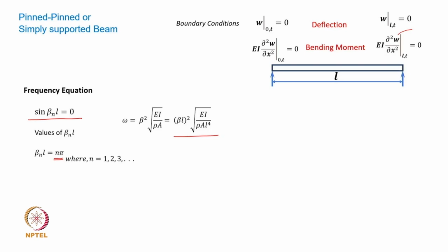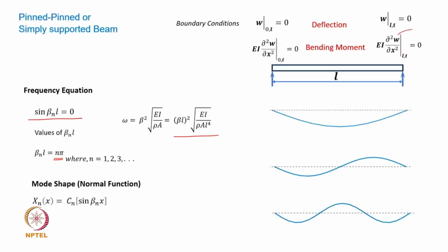So in this case, the frequencies are going to be proportional to (n pi) squared, and so it is pi squared, 4 pi squared and 9 pi squared and so on. So with respect to the fundamental, the normal mode function again is going to be a sine function, and so I can show that the first mode is going to be a half sine wave, just like our stretched string.